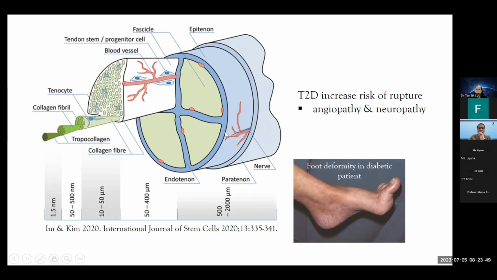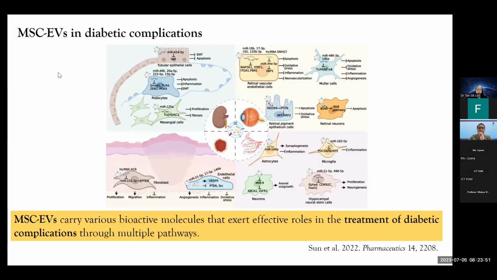So with that, we'd like to look into the effect of MSC-derived extracellular vesicles in diabetic therapy. In the literature review, we already know that MSC EVs carry various bioactive molecules that exert an effective role in the treatment of diabetic complications through multiple pathways.